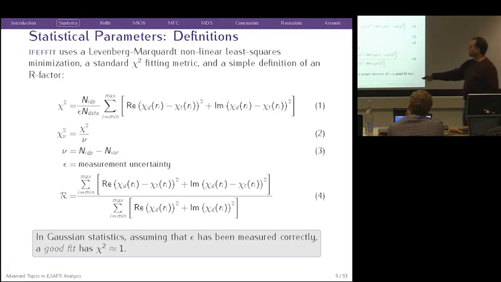So the reduced chi-squared of a good fit is 1 in the statistical model in which all these things are derived. So in Gaussian statistics, there is a criterion for what a good fit is. And a good fit is one for which the misfit measured this way, normalized by the amount of freedom, this thing, chi nu squared, is 1. And that's what a good fit is.